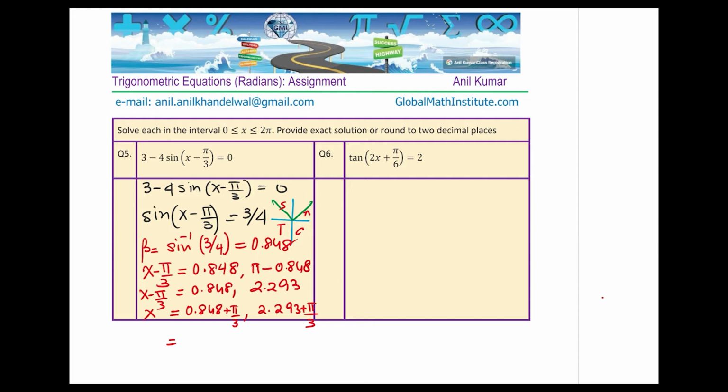We get 3.34 as the other value, and the first value is 0.848 plus pi divided by 3 equals 1.895.